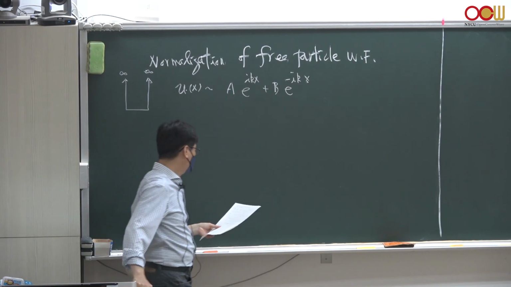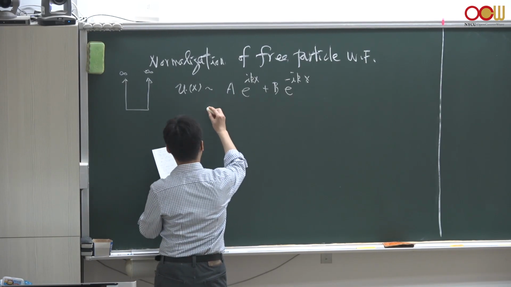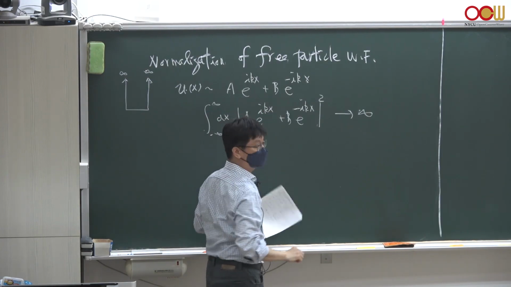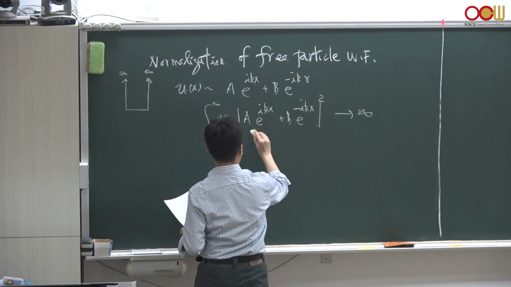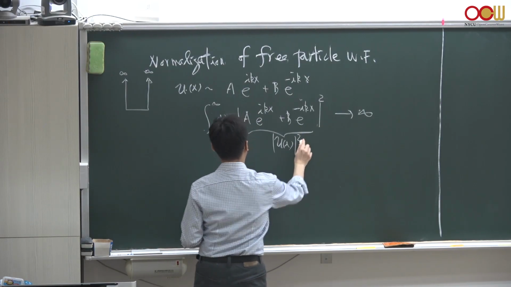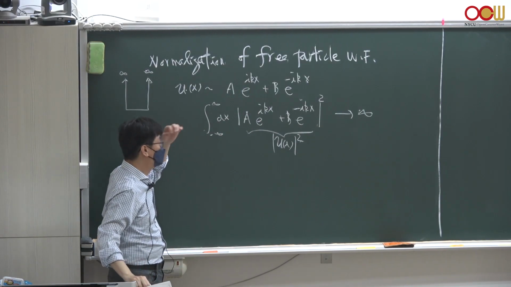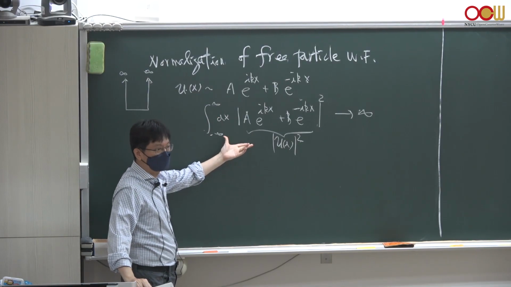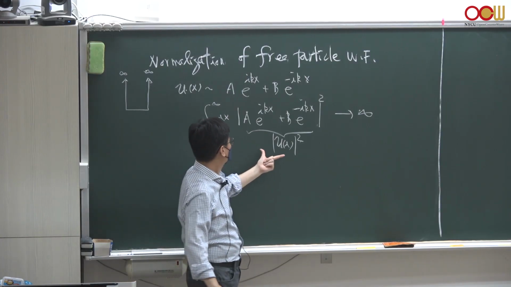The problem is this is not square integrable, because very easily you see that if you integrate the square of this wave function over the entire space from minus infinity to plus infinity, it is infinity, because this is some constant.